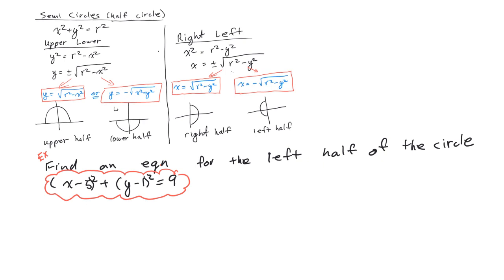All right, here's our last example of the day. Find an equation for the left half of the circle. Okay? So for the left half of the circle, we're looking for something that looks like this, right? And what we did was we took x squared. So the x squared term in here is (x minus 5) squared.